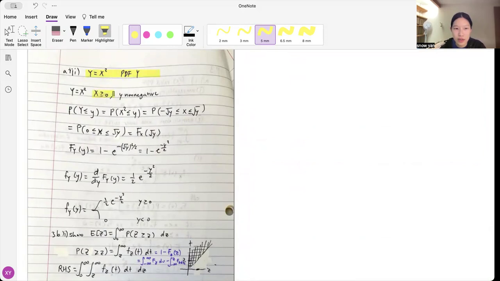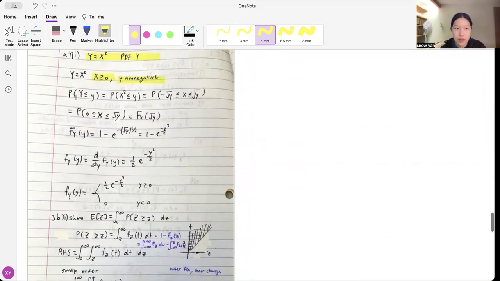For x greater than 0, y is non-negative, because if we have something squared, that's obviously going to be 0 or positive. So we know that P of Y smaller than or equal to y is basically our CDF. We replace the Y with x squared by the definition over here. So we have P of X squared smaller than or equal to y.